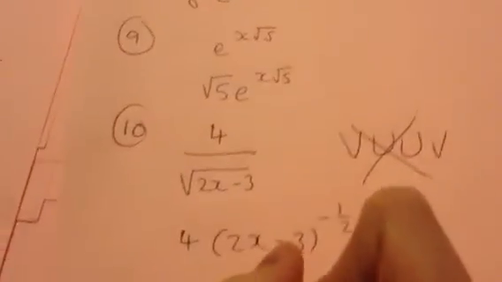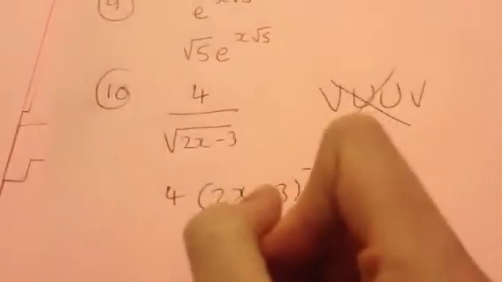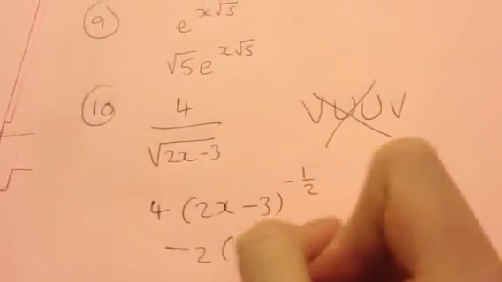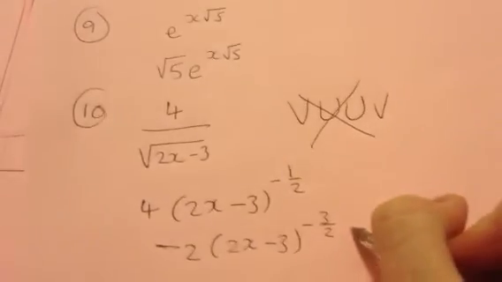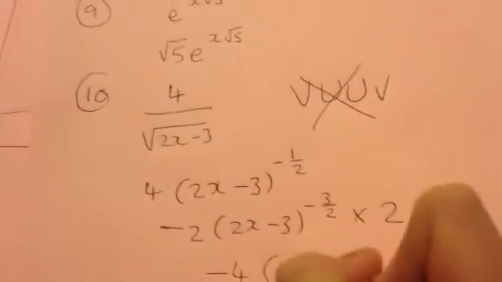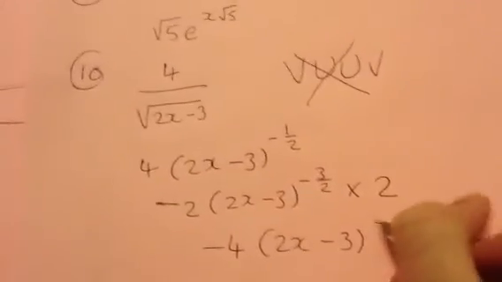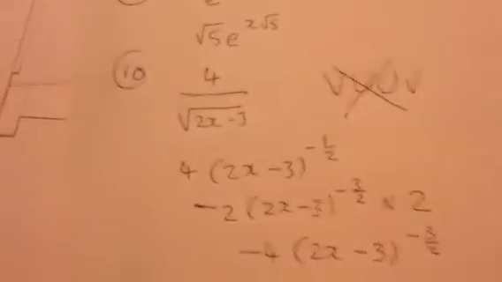So what we do is we bring the minus a half to the front like any differentiation. Minus 2, (2x minus 3) to the minus 3 over 2. Then we times by the differential of the bracket, which is 2. So the answer is minus 4(2x minus 3) to the minus 3 over 2.